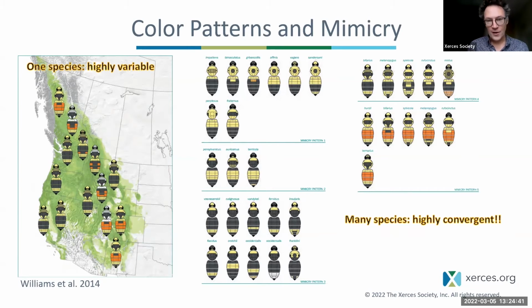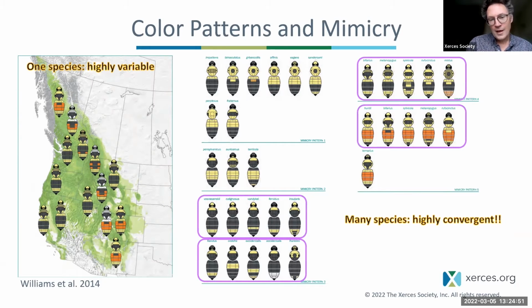So what that means for us as human beings who are interested in bumblebees is we have these mimetic complexes, these mimicry complexes where the bumblebees tend to look very similar. So in California, we have at least 4 of these complexes where, for example, on the bottom left, the top of the 2 purple rectangles there, the mostly black bees with yellow hair on the front of the thorax and a single or maybe 2 stripes on the abdomen in yellow.